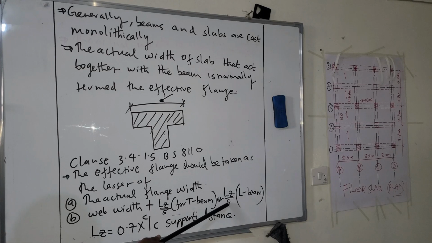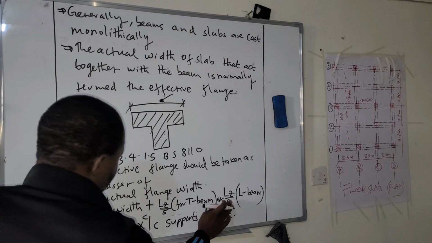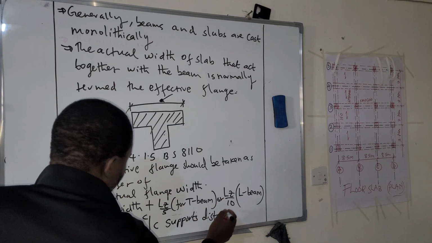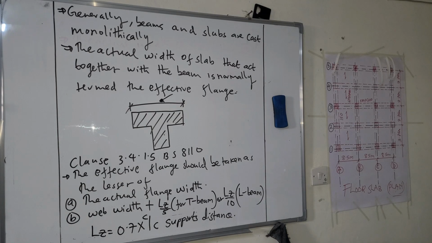For L beam, it is Lz over 10. So that one is for L beam, where Lz is equal to 0.7 times center to center support distance.